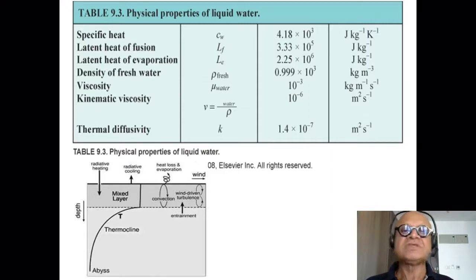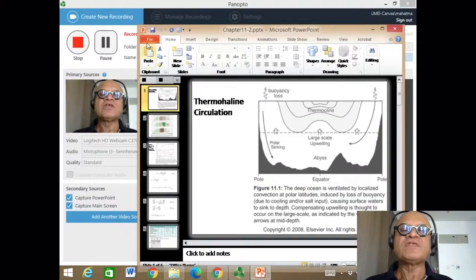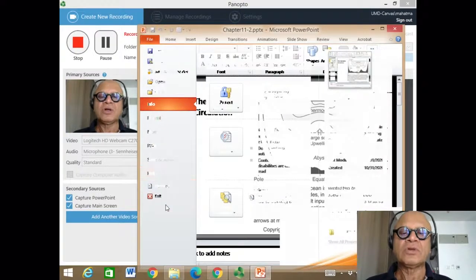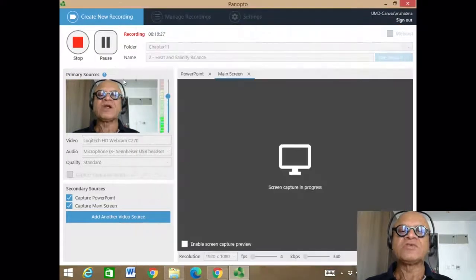We have seen the sea surface temperature distribution a few times, but now we are looking at the processes that determine this distribution. These are obviously going to be critical for buoyancy distribution and its variability in the ocean at the surface, because we are mostly interested in how density changes and buoyancy changes are being brought about at the surface.